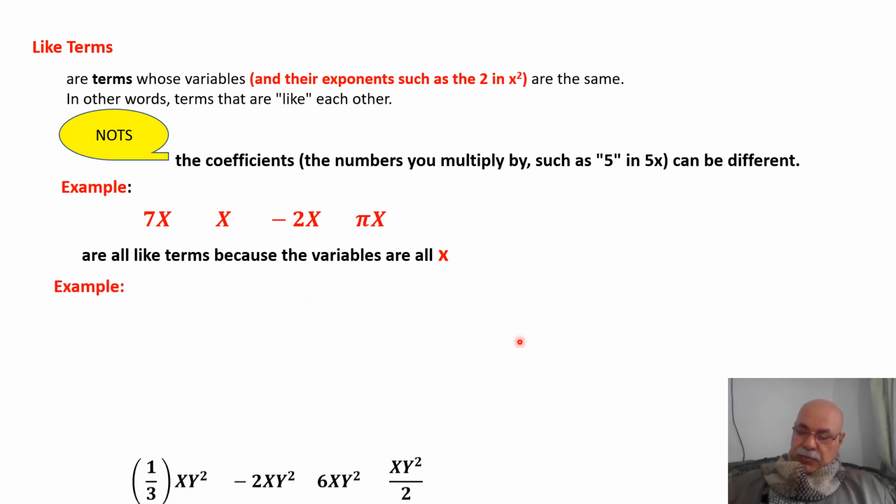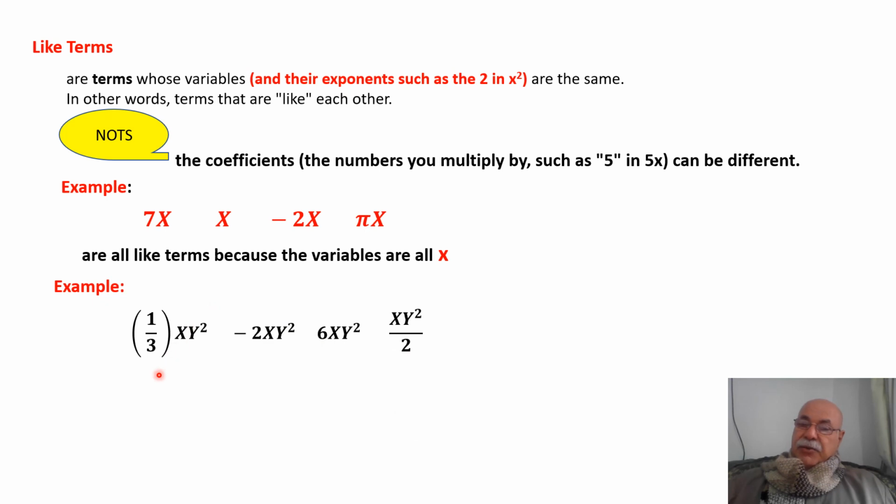Example, guys. You see here xy squared, minus 2xy squared, 6xy squared, and xy squared over something. All these, terms 1, 2, 3, and 4, have the variable xy squared.